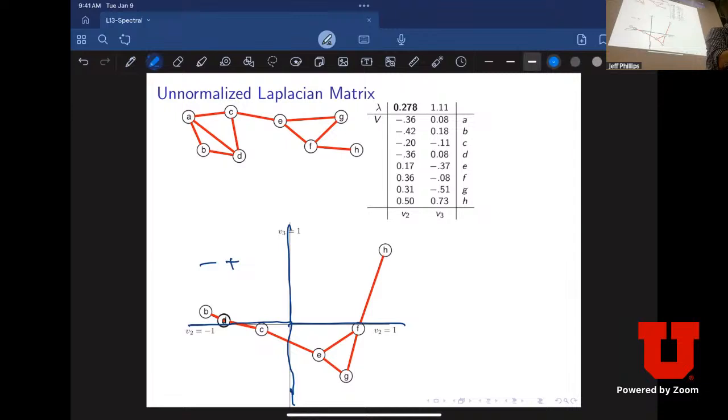So if I do that, I get B, A, and D. Then I could say these are this set. If the first coordinate is positive and the second is negative, then I'm going to get these 3 here.